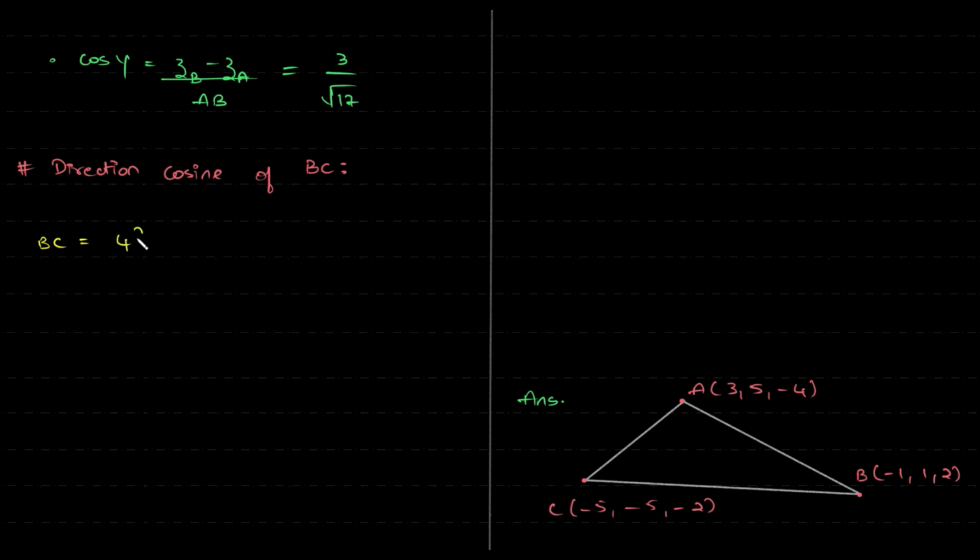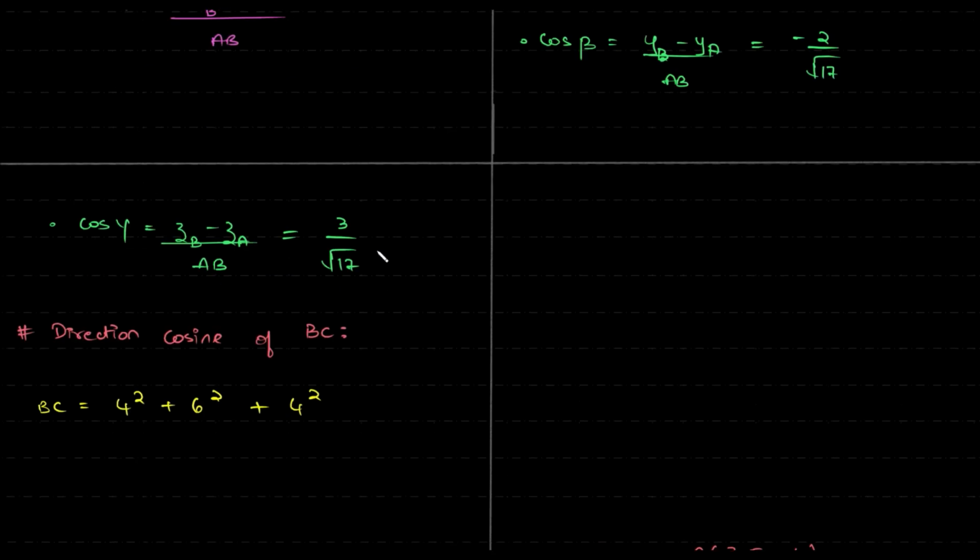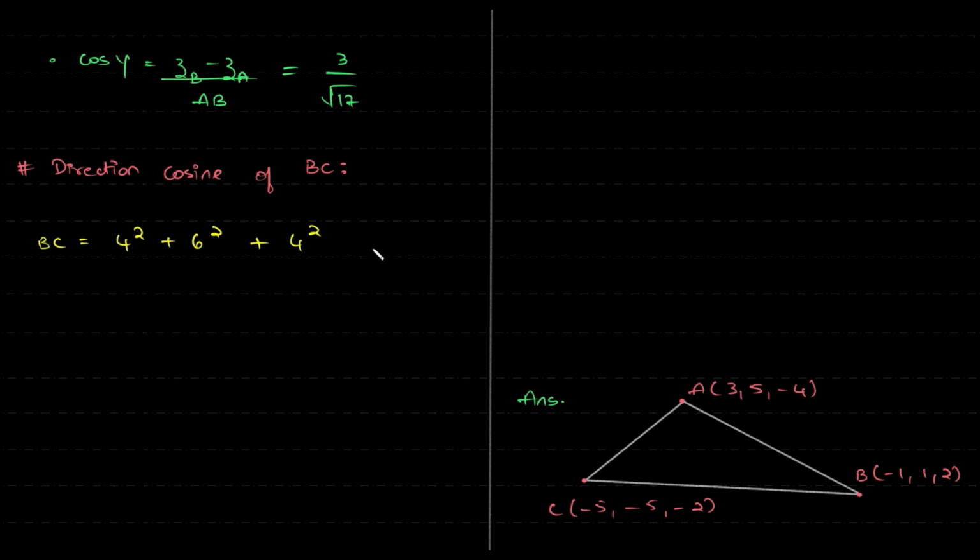So this would be 4 square plus 6 square (-5 plus 1 is -4, and -2 minus 2 is -4), plus 4 square, the same number. Therefore BC is equal to 2 root 17 units.